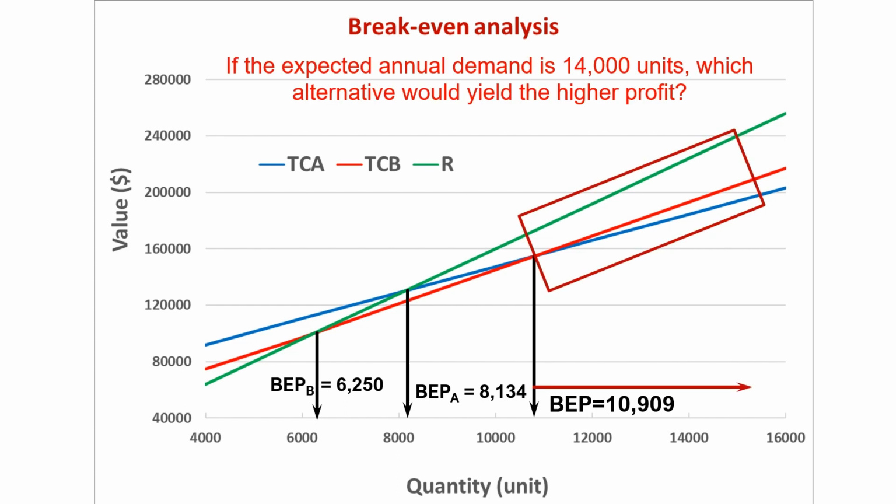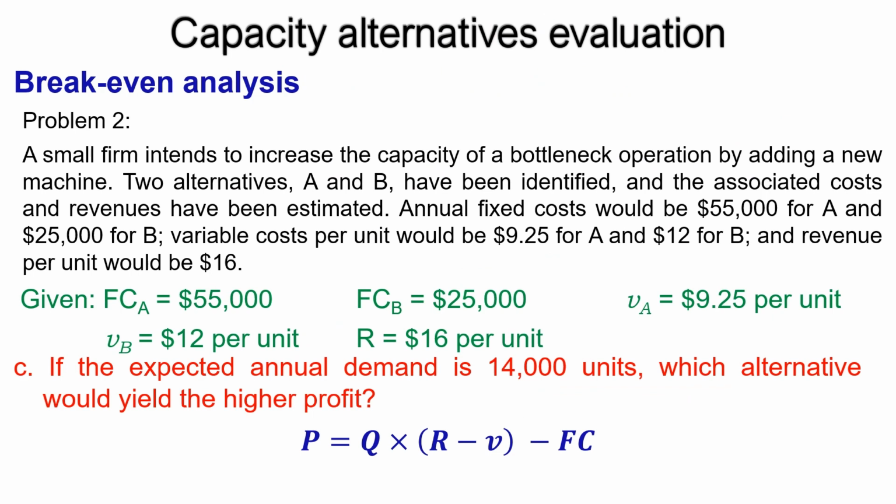From this, we can answer the third question, which alternative yields higher profit if Q equals 14,000. As 14,000 is more than QBEP, definitely alternative A will yield higher profit than alternative B. If you need to validate this mathematically, let us calculate the profit at Q equals 14,000 for the two alternatives using this equation.